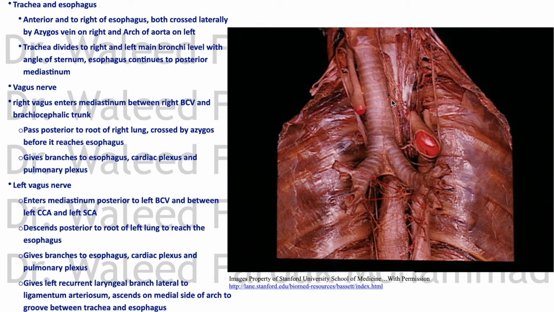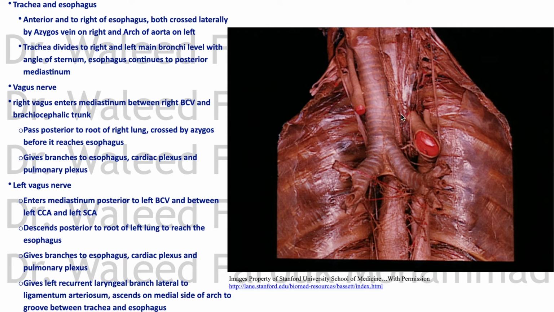Remember the direction that the esophagus goes to the stomach, which of course lies on the left side, so the esophagus is posterior and to the left of the trachea, and they have the recurrent laryngeal nerve between them, either on the left side but from lower down, or on the right side from the beginning of the right recurrent laryngeal nerve at the level of the subclavian artery. Remember that it loops around the first part of the subclavian artery.